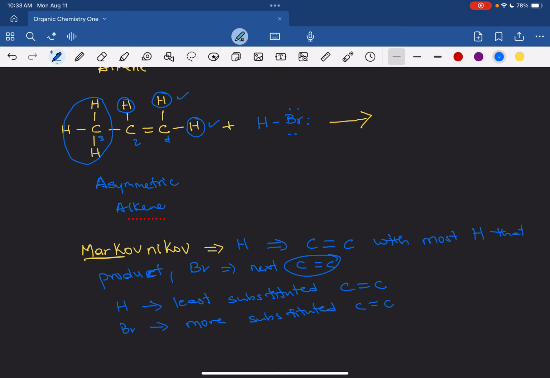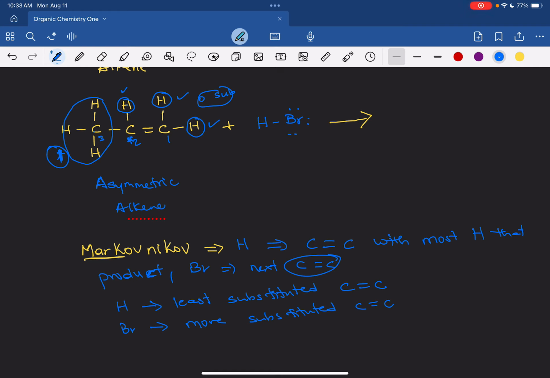Carbon number two has a hydrogen and a group that is not a hydrogen, a substituent. So carbon number one has how many substituents? Zero. Hydrogen is not a substituent. Over at carbon two of the double bond, I have a hydrogen and I have CH3. I have one substituent. One is greater than zero. So this carbon is your more substituted carbon.